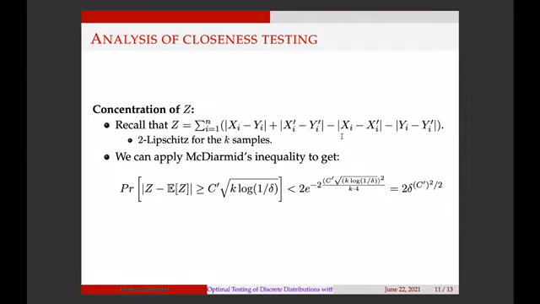Because of this, we can apply McDiarmid's inequality, a well-known concentration bound, and get that the probability that Z deviates from the expectation by more than square root k log 1 over delta can be bounded by delta, essentially by something of order delta.